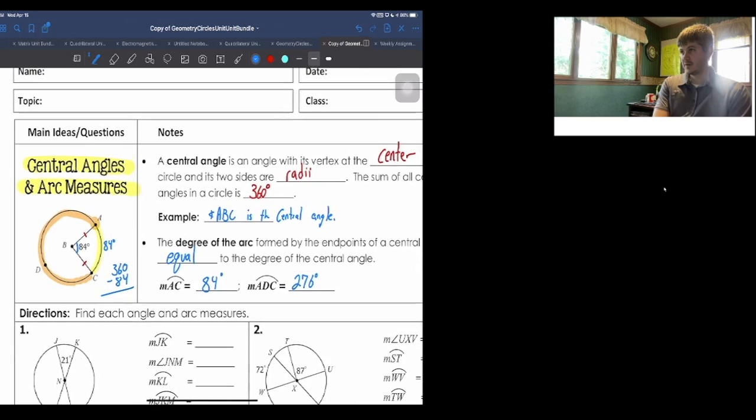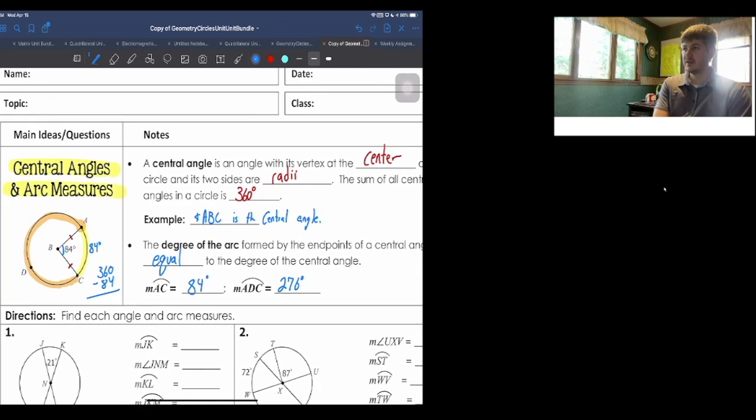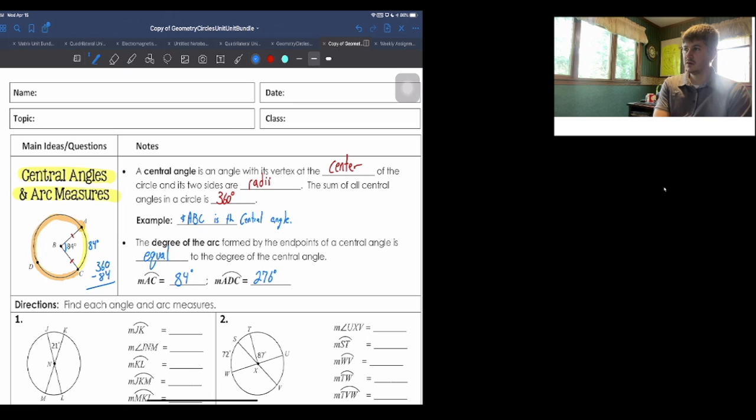So I'll leave that up for anyone still copying things down and looking it over. If you have any questions about central angles, throw them in now while people are still copying down the notes, for those who do not have printers. But central angles, pretty easy concept.